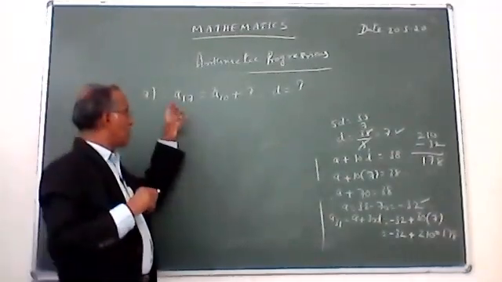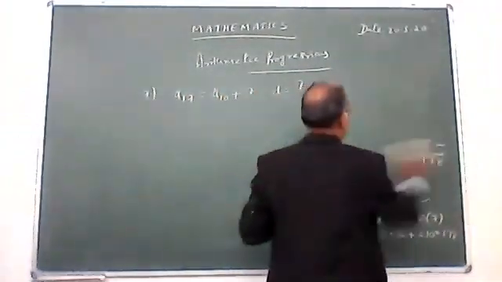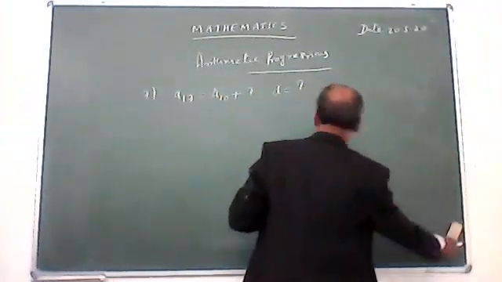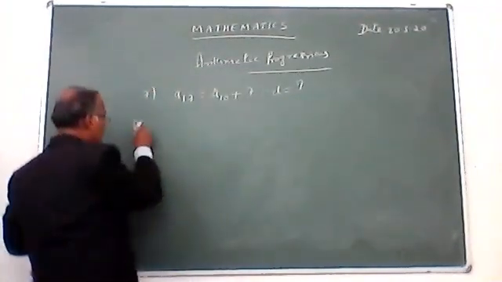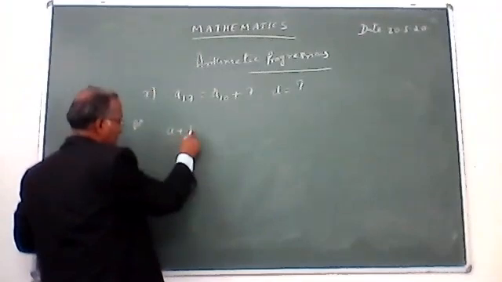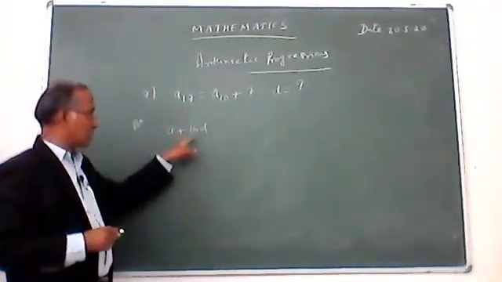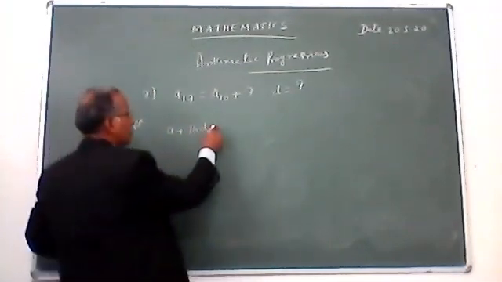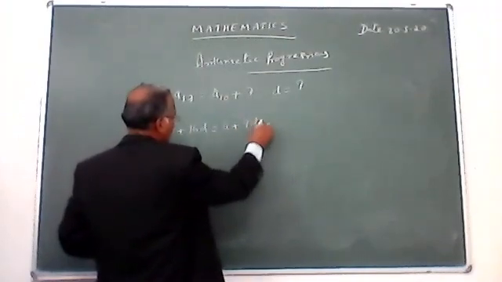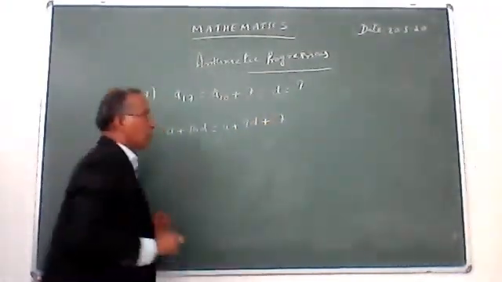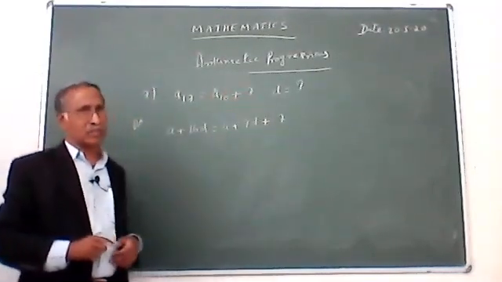Very simple. You know, nth term of an AP is equal to A plus n minus 1 into D. Accordingly, 17th term, how to write it? That means A plus 16D, because 17 minus 1 is nothing but 16. This is equal to A10, which means A plus 9D plus 7. We have to solve for D. They asked us to find out the common difference.